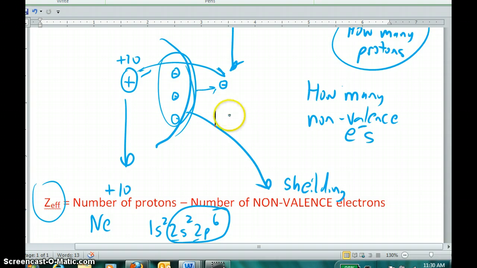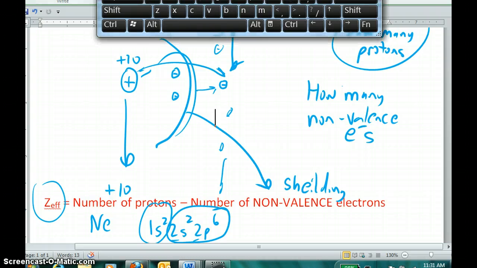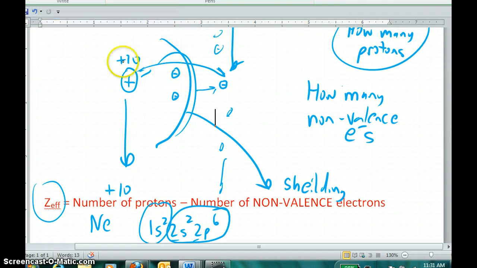So of course we would think of there being 10 negatively charged particles out here somewhere, and the nucleus with a plus 10 pull here, but in this case there would only be 2 non-valence electrons, 2 electrons shielding the nucleus from these outer electrons.